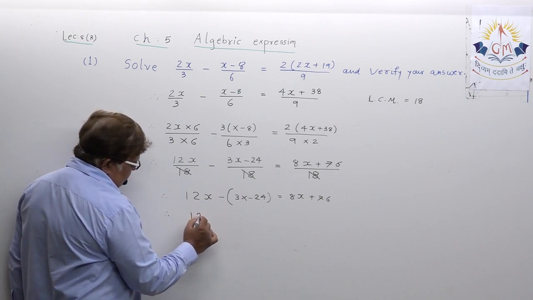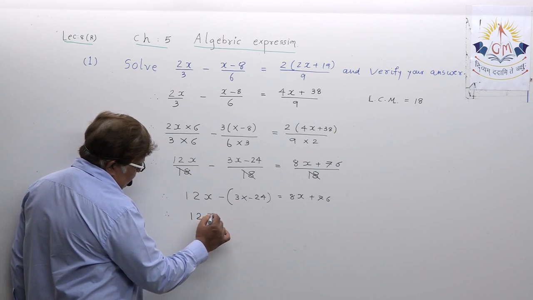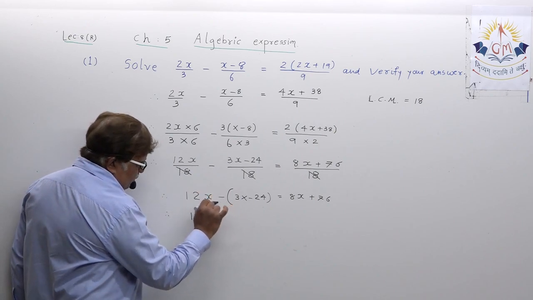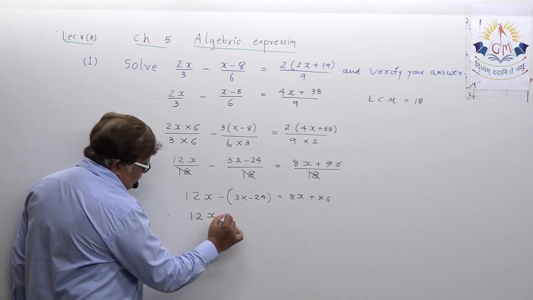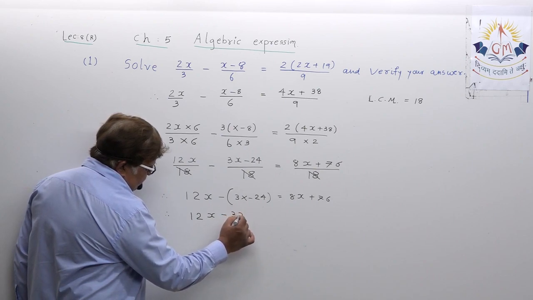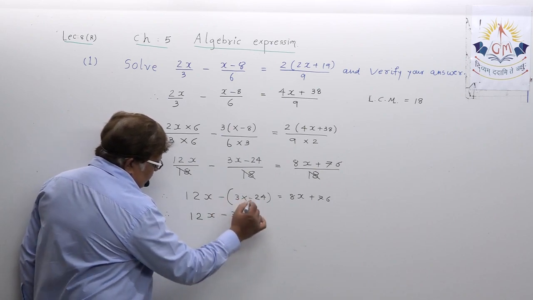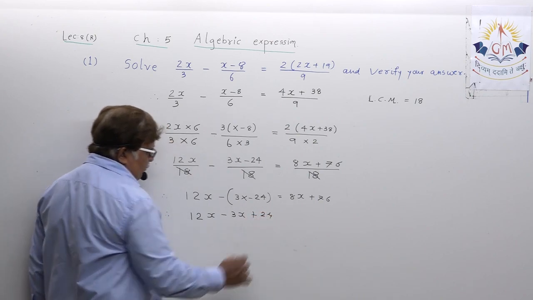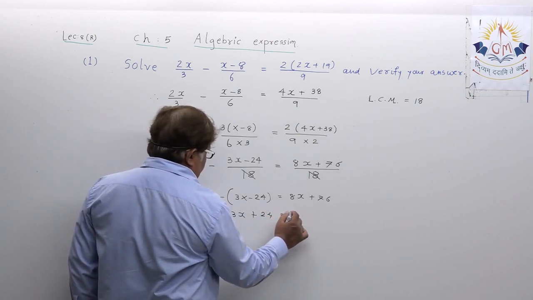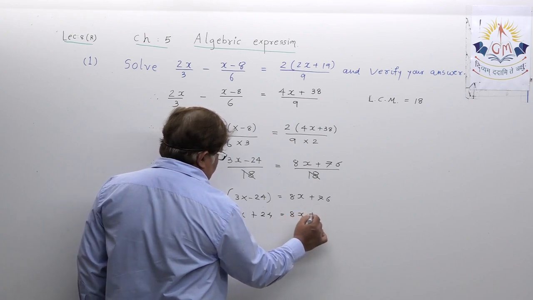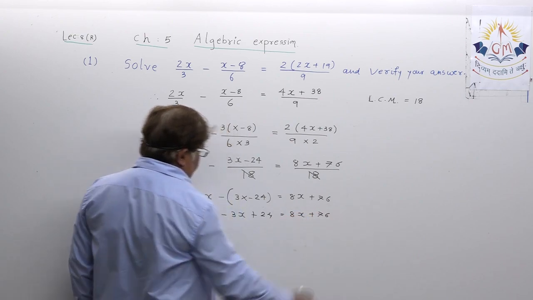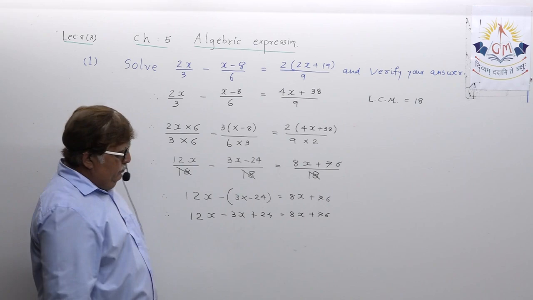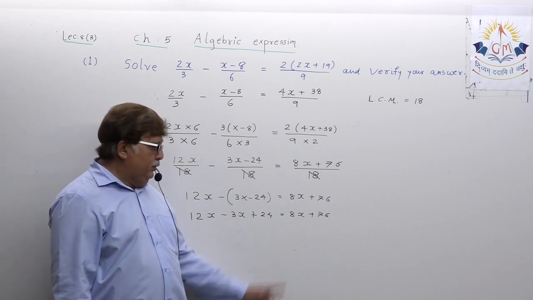Let us now open the bracket. Minus 3x, minus plus 24 is equal to 8x plus 76.